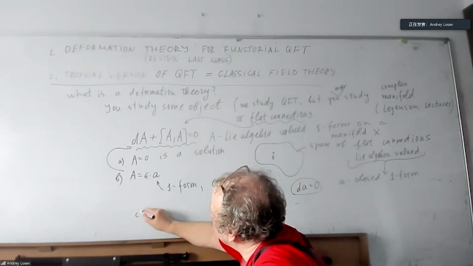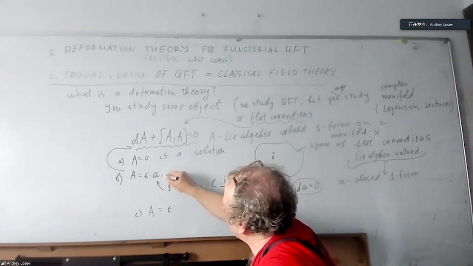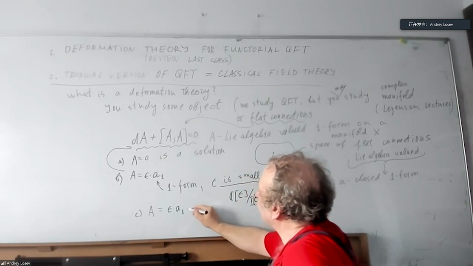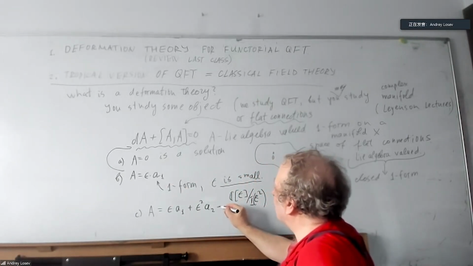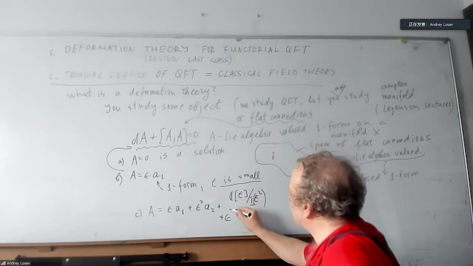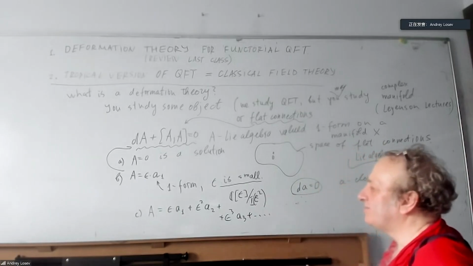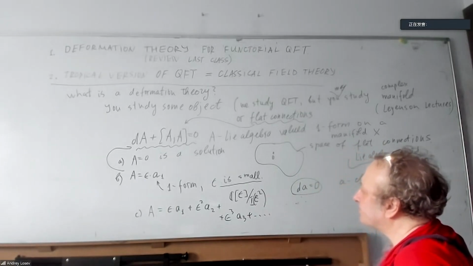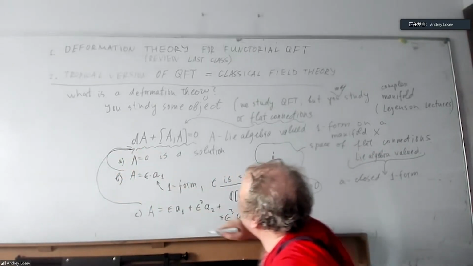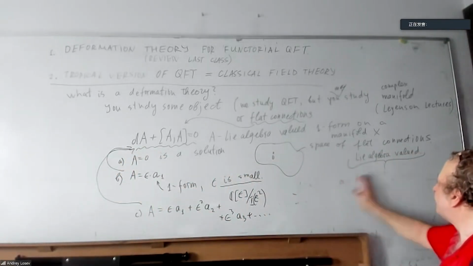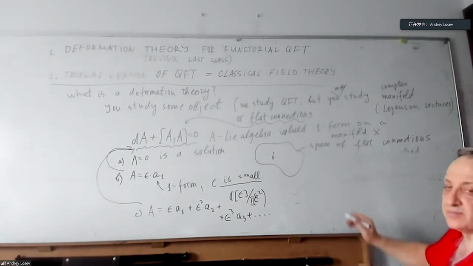So we say A is epsilon A1 plus epsilon squared A2 plus epsilon cube A3 plus etc. Okay? And then you plug it in this equation. You will get the following system.